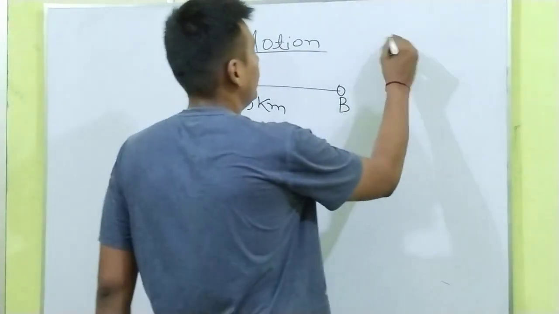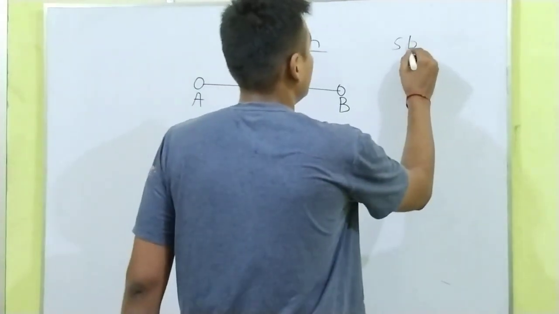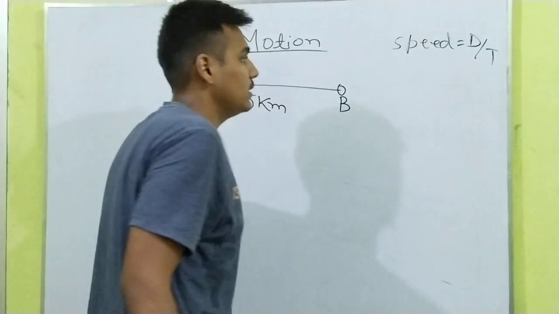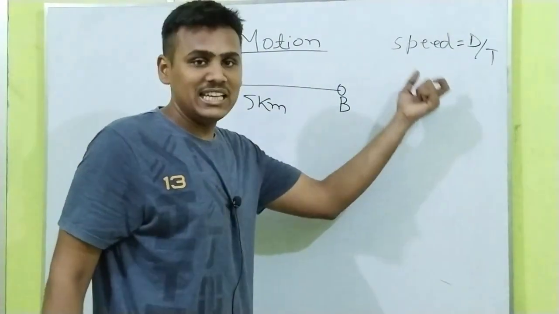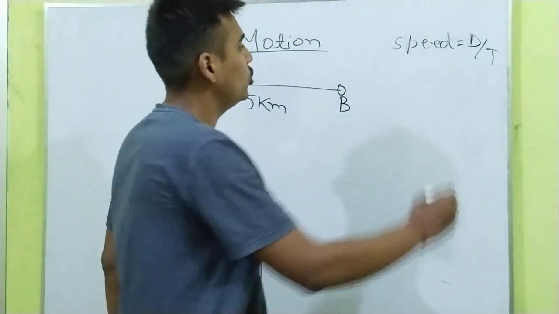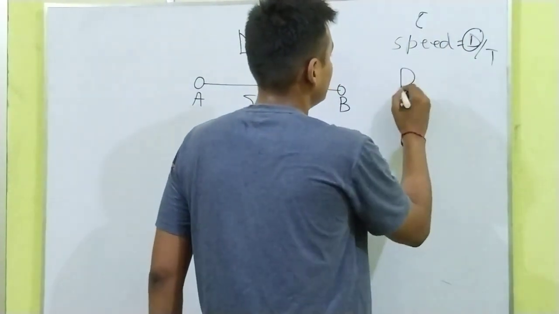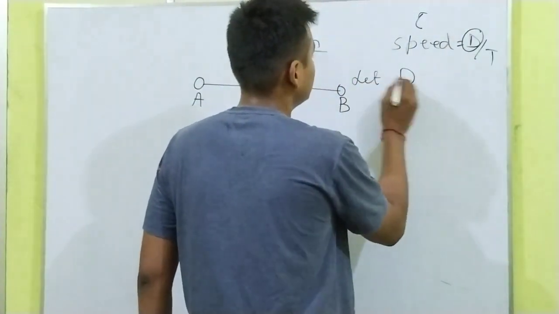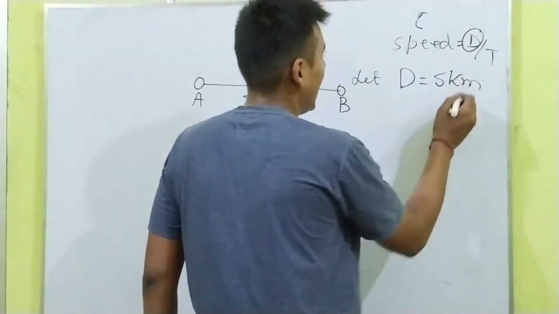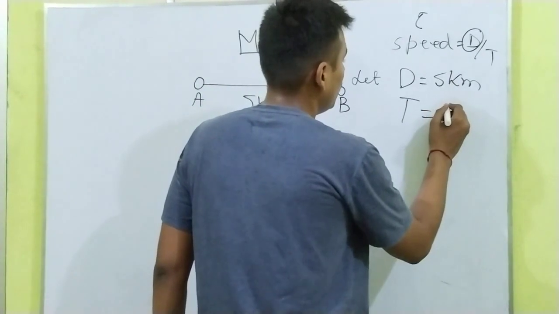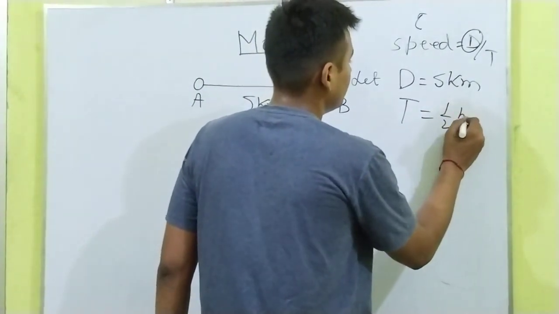Another component which determines motion is speed. Speed is equal to distance by time. Suppose the distance is 5 kilometers and the time given is half an hour.